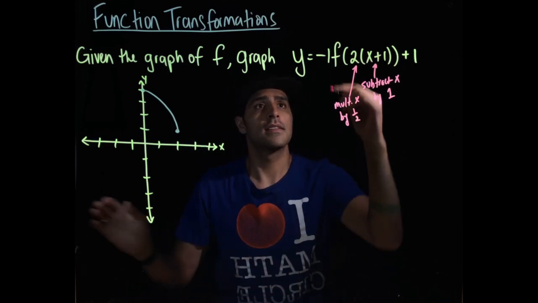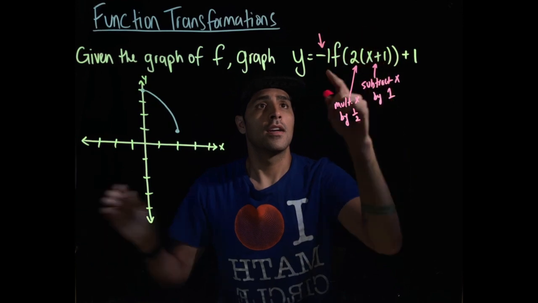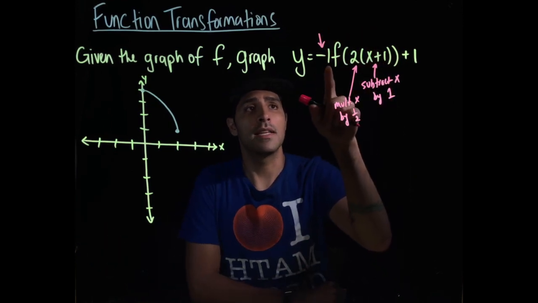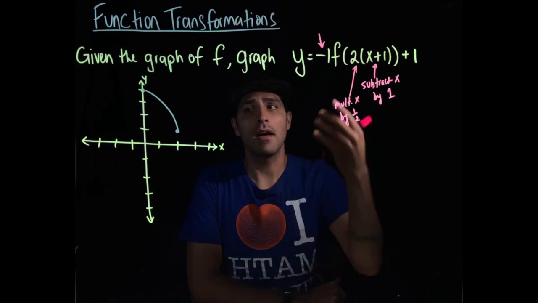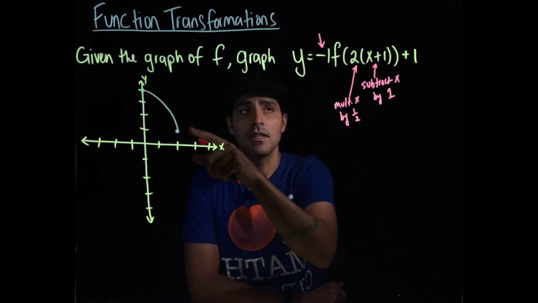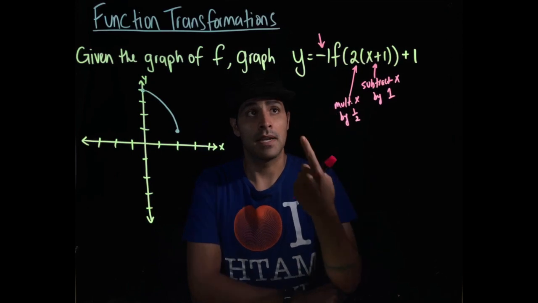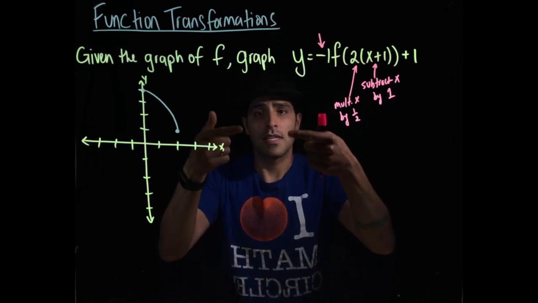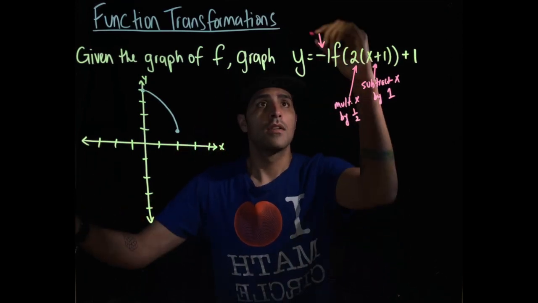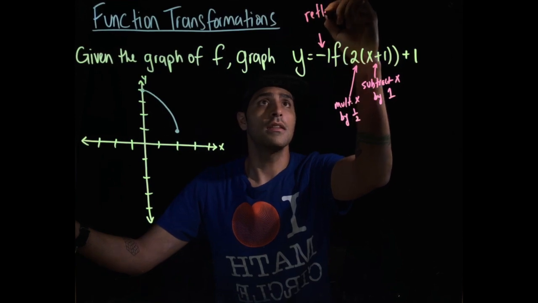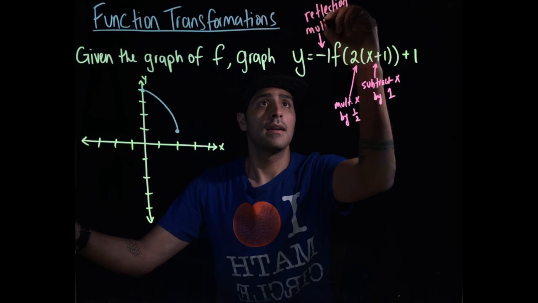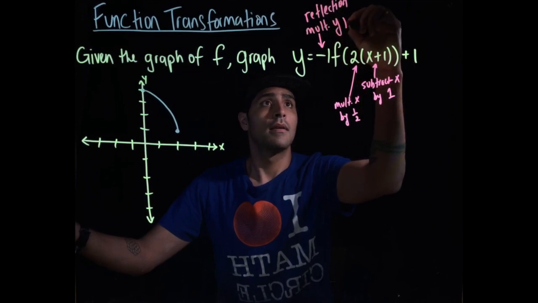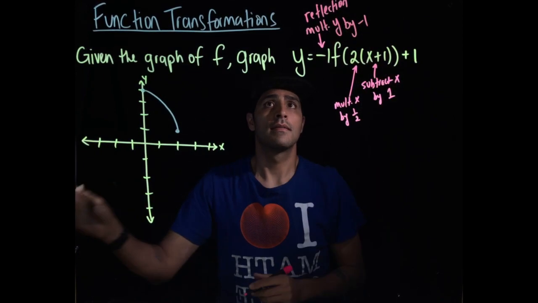In this case, you're noticing that the negative 1 is multiplying with the function. So what ends up happening is that the y values of your original function end up being multiplied by negative 1, which is what does the reflection. So this guy is going to give you a reflection, but the way you're going to reflect it is you're going to multiply y by negative 1.